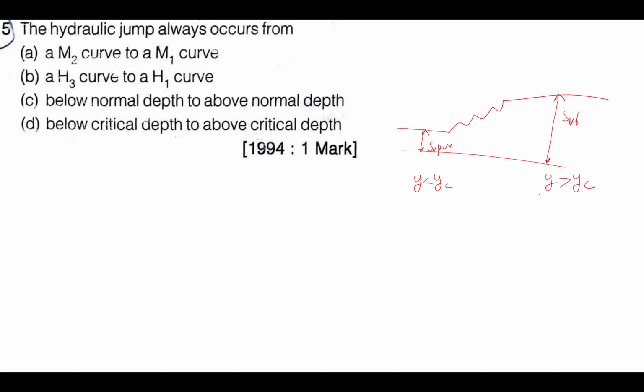So below the critical depth to above critical depth, that is super to sub. So option D is correct for that also.